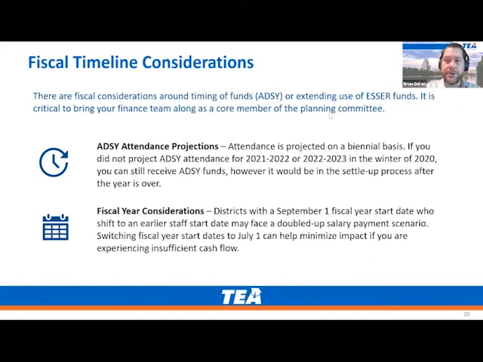But then the next school year starts earlier than the previous school year. There might be double payment considerations there. Again, if the cash flow on hand is fine, that might be less of a consideration. But just flagging that from the get-go, so you're able to plan around it.